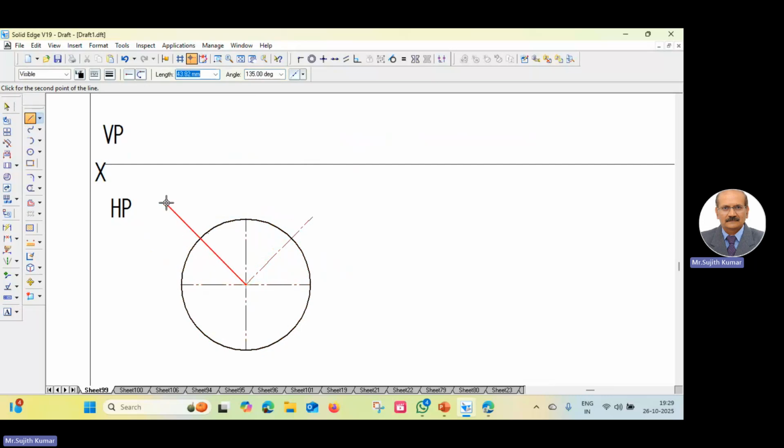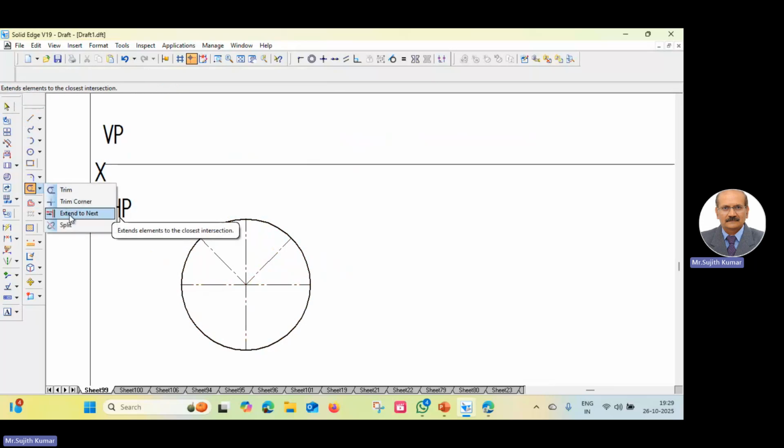I can draw a little bit beyond the circle and come out of the command. Then go to the trim command and trim the extra line. Then go to the extend to next command, which is within the trim command. Select it, click on this line, click this side, click this side. And then trim this line, it is not required.